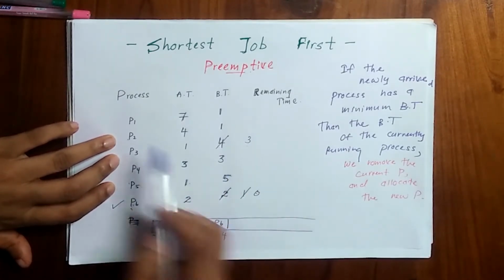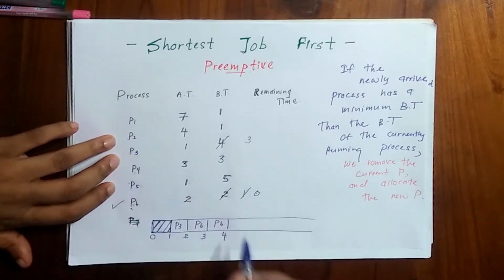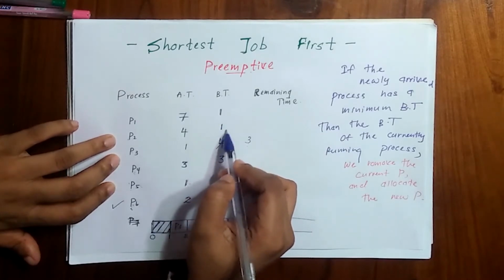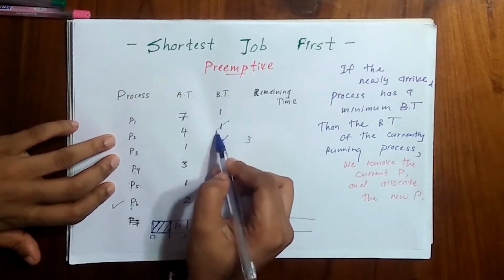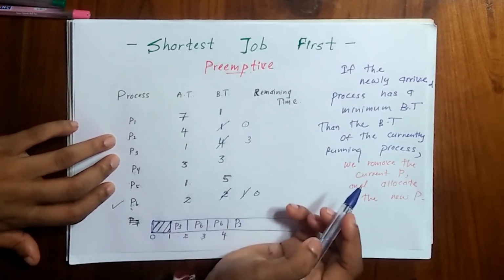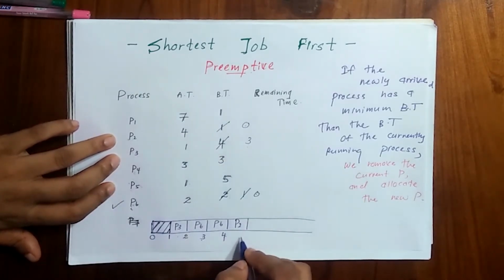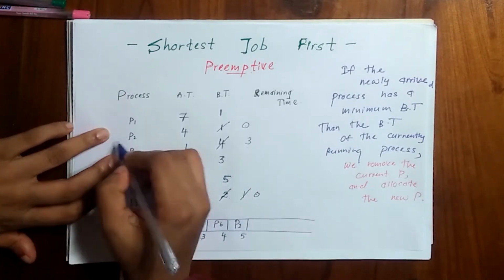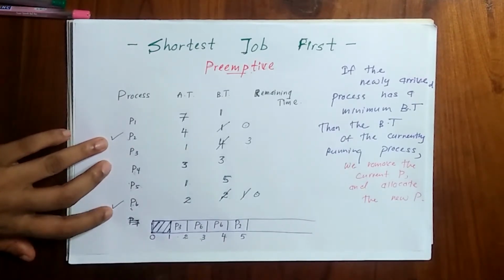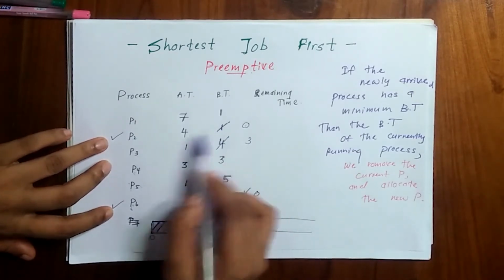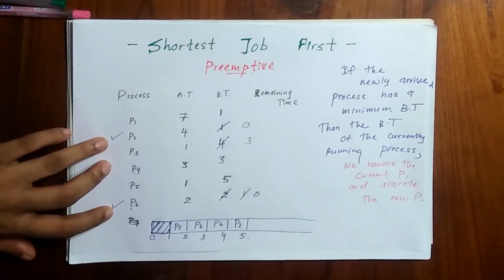So it is obviously P2, and we place P2 here; the burst time is 1, so there's no remaining time. I think you understood that. We place P2 fully here, that means 5, and we are done with P2. It was only 1, so we placed the whole process here.